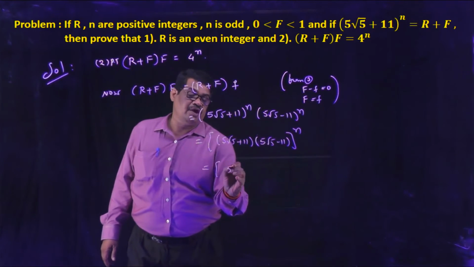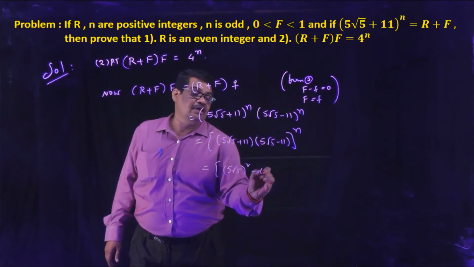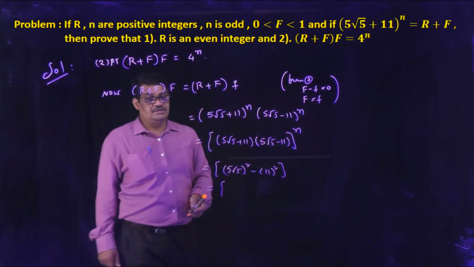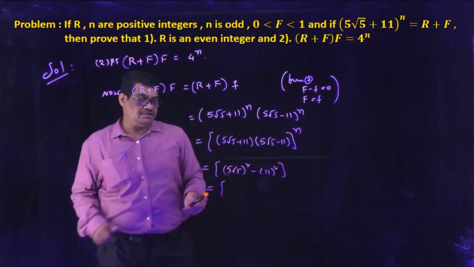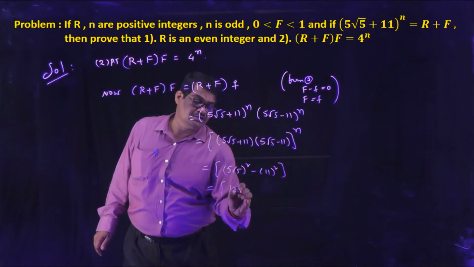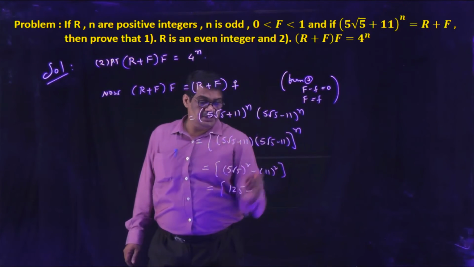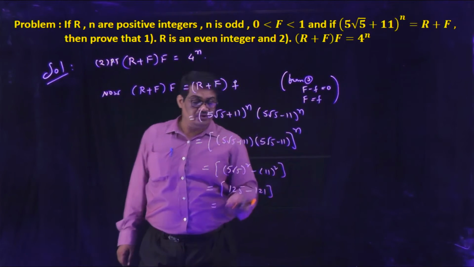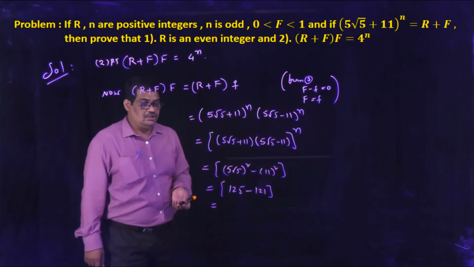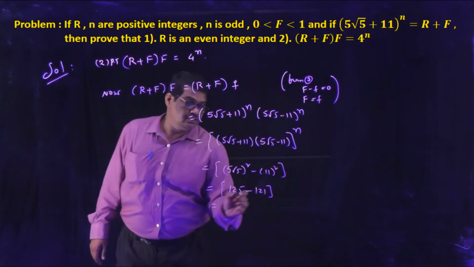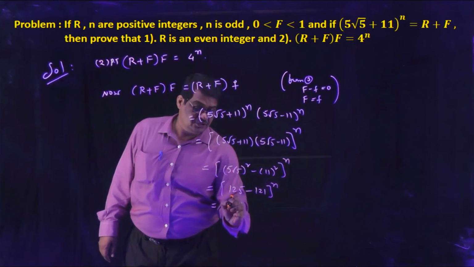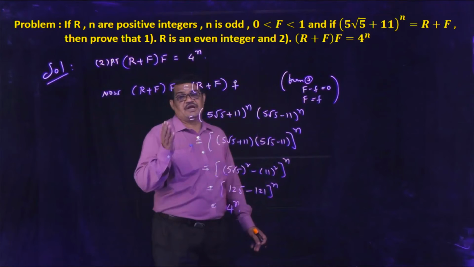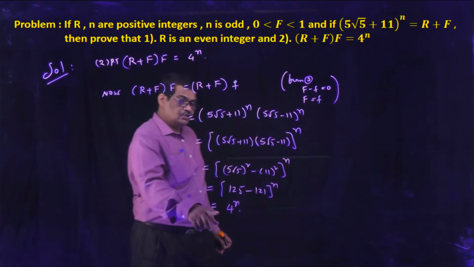That is 5 root 5 whole square minus 11 square, that is 125 minus 121, whole to the power of n, that is 4 to the power of n. So capital R plus capital F into capital F is equal to 4 to the power of n.